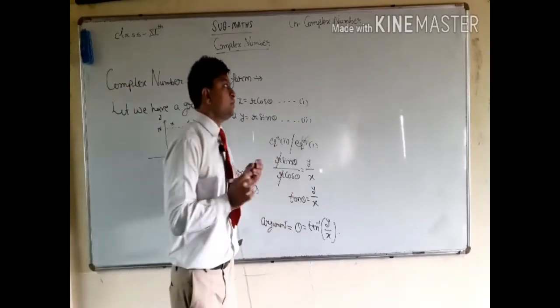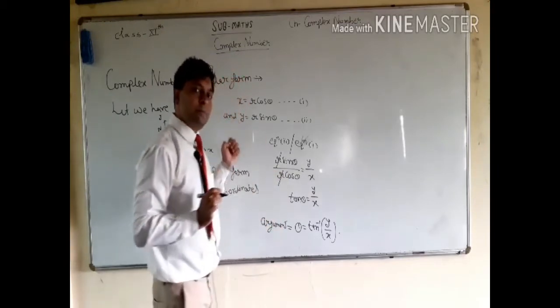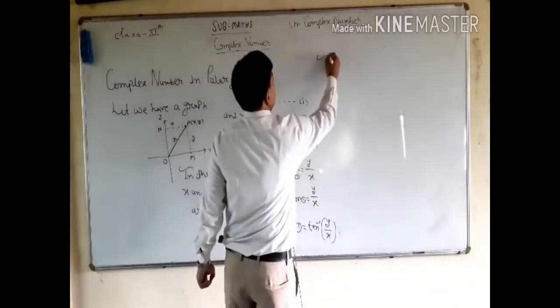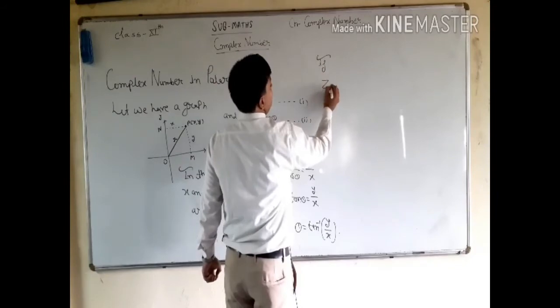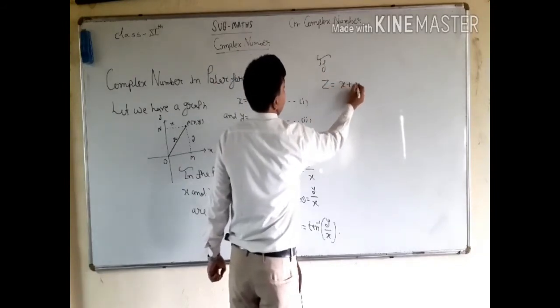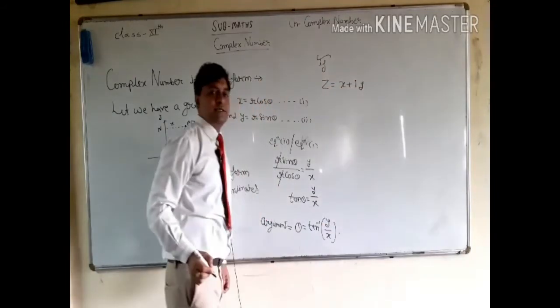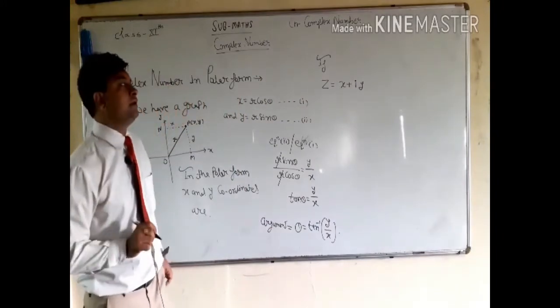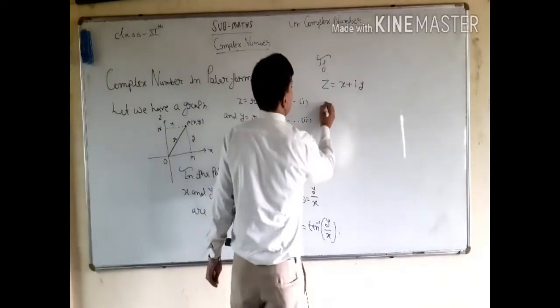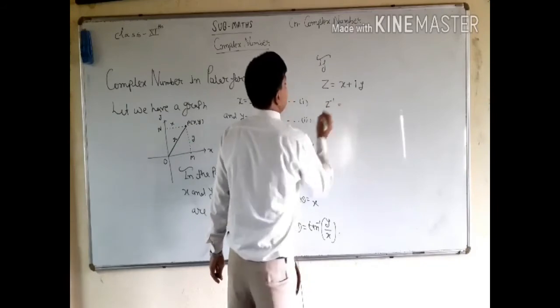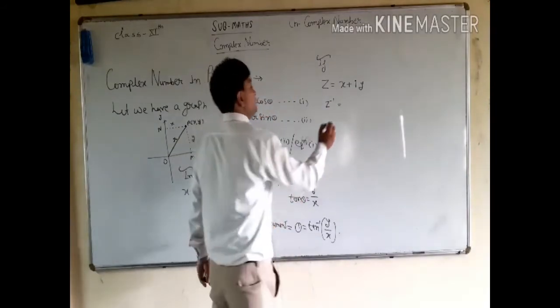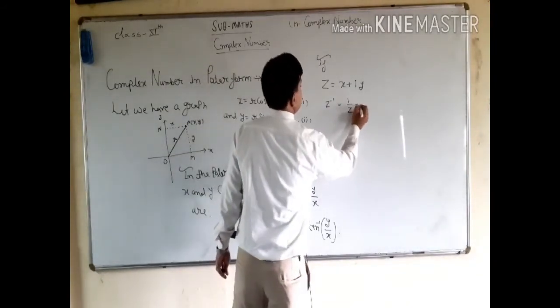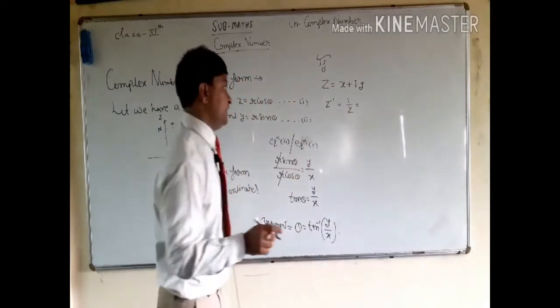Okay students, so we find in the complex number, if z equal to x plus iota y is the complex number, then its z inverse is equal to 1 upon z. This is called multiplicative inverse.